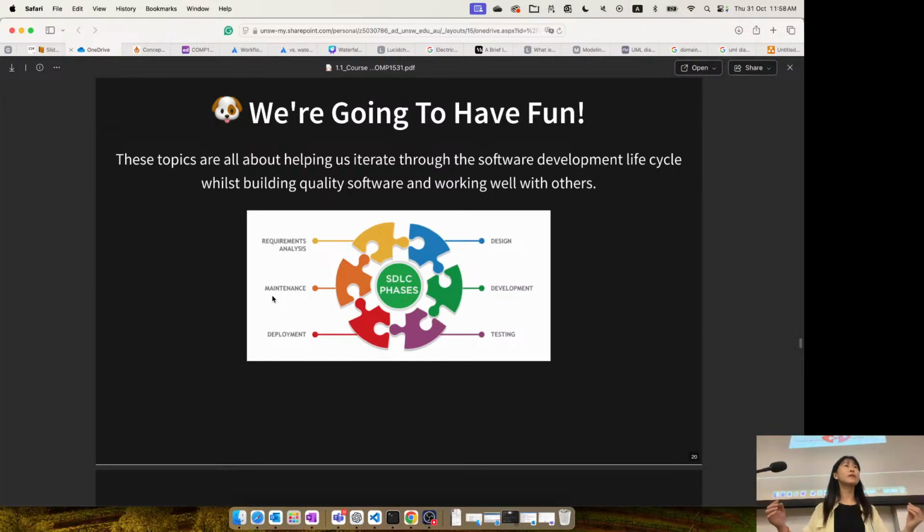If you want a deeper understanding of any of these stages, we recommend you take other courses at CSE. For example, for requirement analysis, there's a course on HCI, Human Computer Interaction Design, which talks more about requirement analysis. If you are in a software engineering degree, you will have a workshop in your second year particularly focused on requirement engineering.